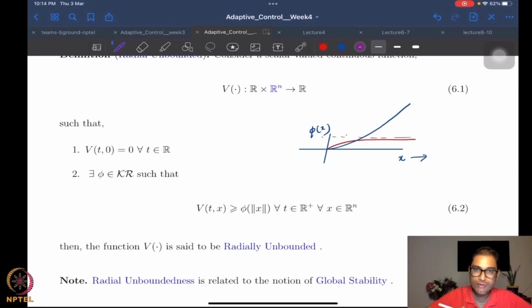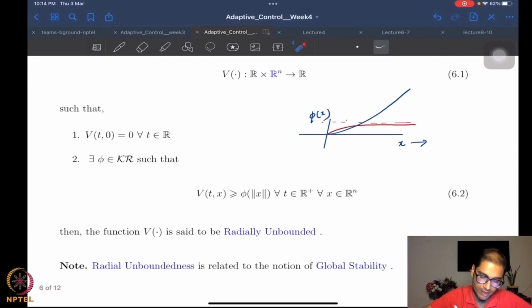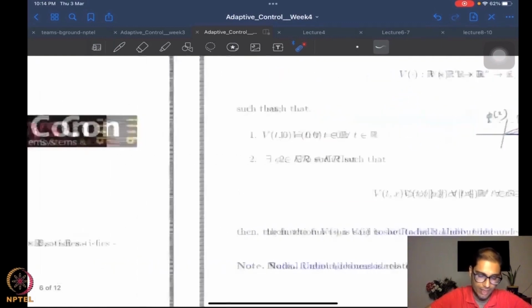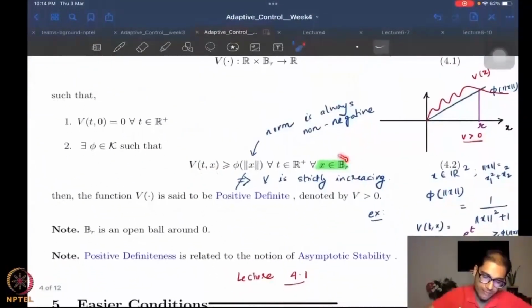But all we want for V is to dominate this class K function, right? And notice that again, unlike the definition for positive definiteness, here this lower bounding has to happen for all x in Rn. In case of positive definiteness, it was sufficient if it happened for x in some ball.